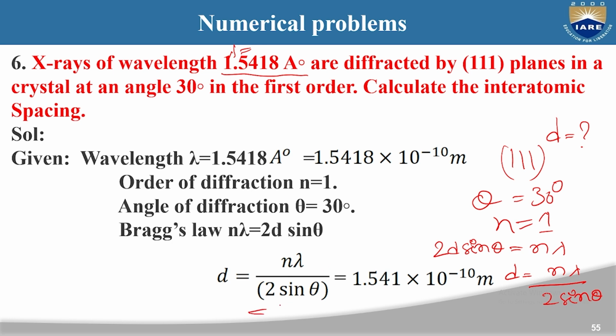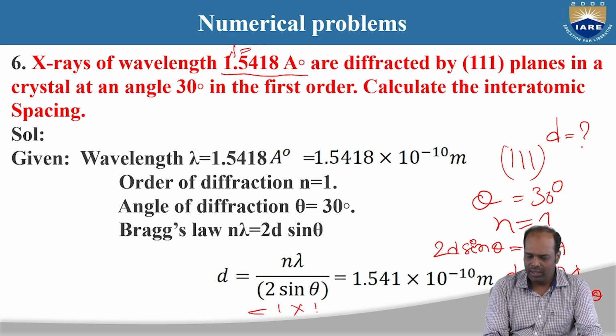Here n is equal to 1. The wavelength is 1.5418 into 10 to the power of minus 10 meters, by 2 into sin 30. Sin 30 is how much?